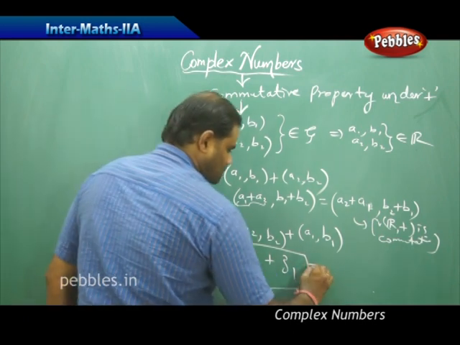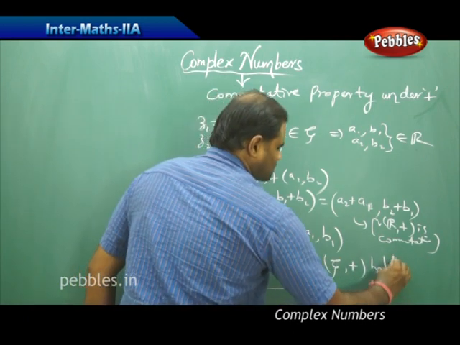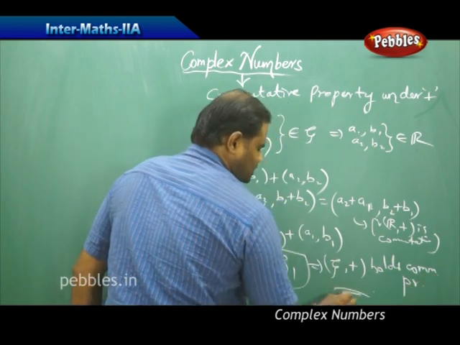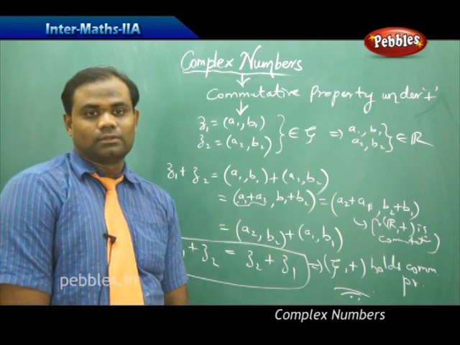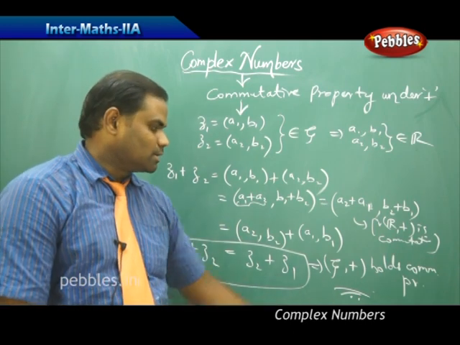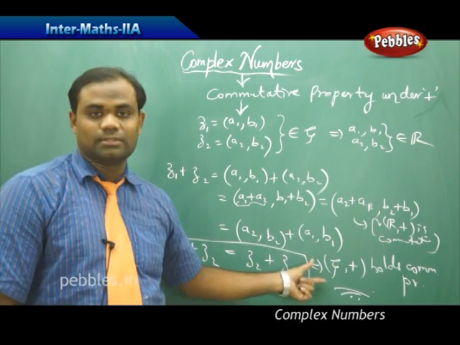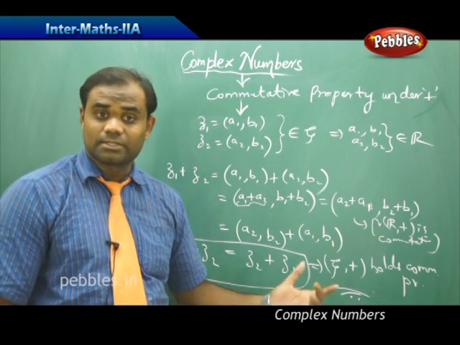That implies C plus holds the commutative property, is how I conclude with the supporting proof. So the set of complex numbers under addition holds the commutative property because this plus this is equal to this plus this for any two complex numbers in the complex number system.